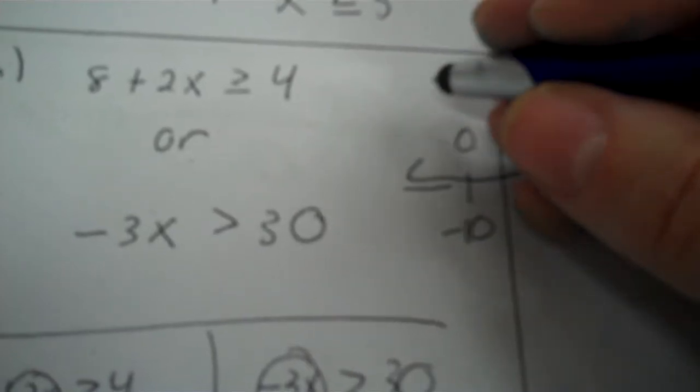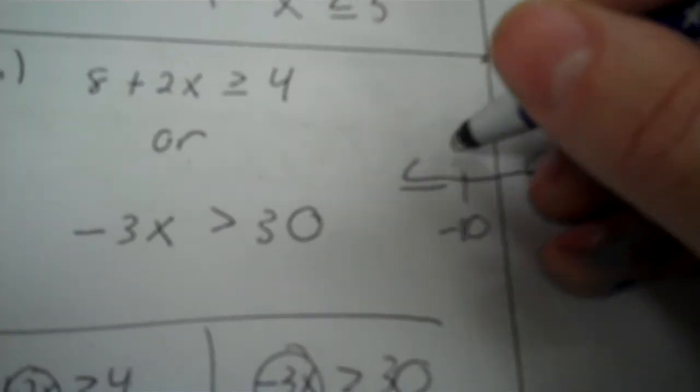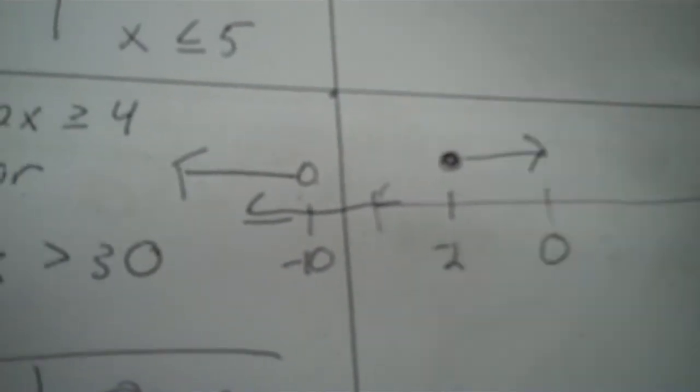That's filled in, the one with the negative 2, and it eats the x, so it goes this way. Here the line's not there, so I leave it empty, and this time it does not eat the x, so it goes out this way. So we have them going the opposite way.